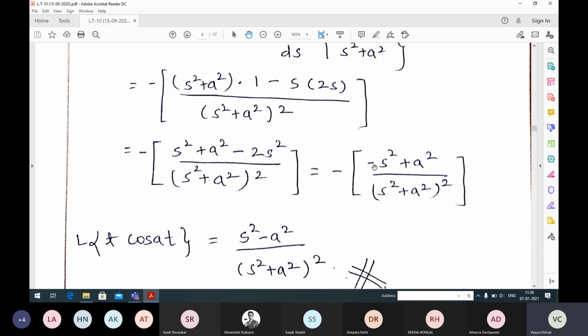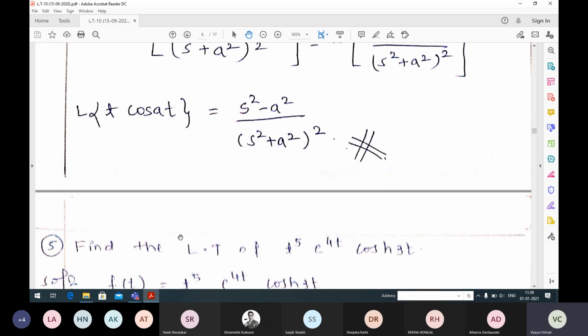Minus into minus is plus s square, plus into minus is minus a square, divided by s square plus a square raised to 2. Thus the Laplace transform of t cos at is equal to s square minus a square divided by s square plus a square raised to 2. So this will be the required answer, right?